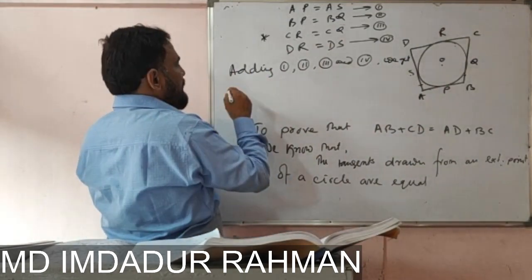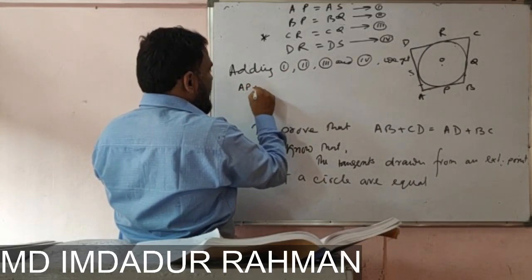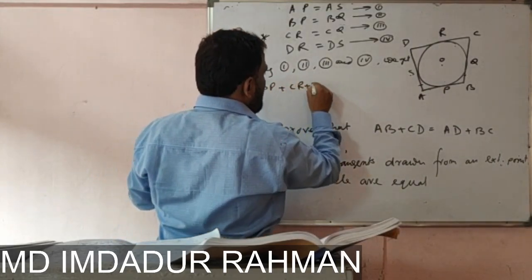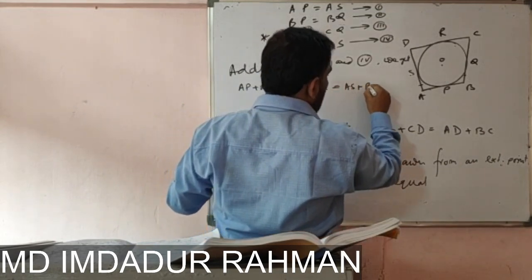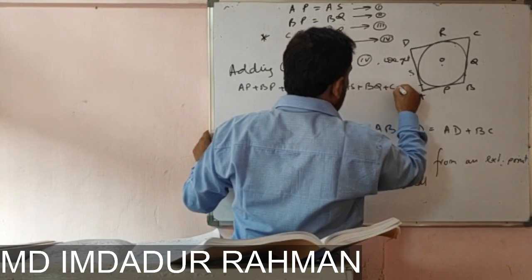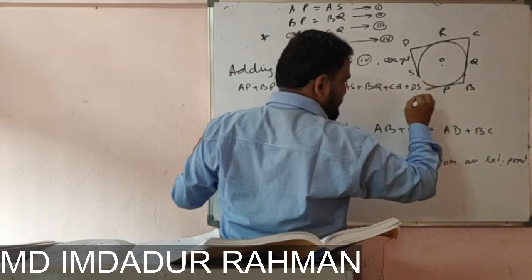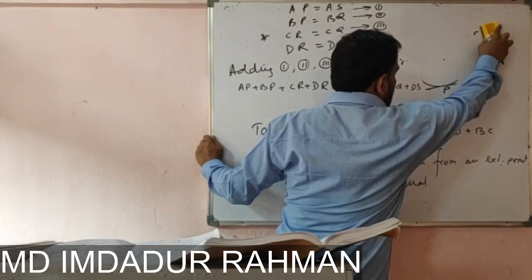Left side plus left side and right side plus right side. AP plus BP plus CR plus DR is equal to AS plus BQ plus CQ plus DS.